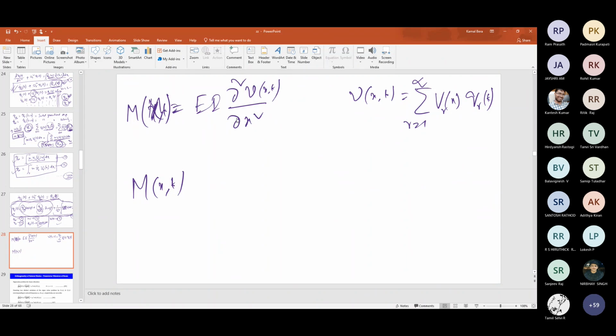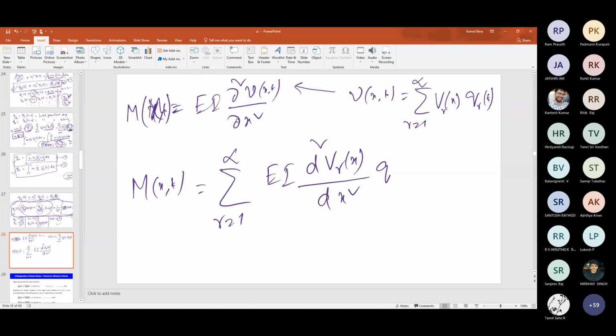So these are fine, and that can be very easily written by substituting this here. I can write summation r equal to 1 to infinity EI d squared V_r(x) by dx squared into Q_r(t). Similarly, shear force S will be written as the summation over r equal to 1 to infinity. So at any point, at any time, I can find the bending moment and shear force.